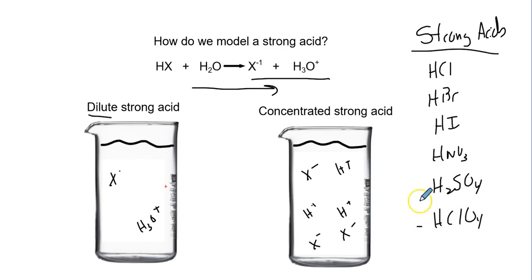You can look the names up if you'd like, but these are hydrochloric, hydrobromic, hydroiodic, nitric acid, sulfuric acid, and this one is perchloric acid, probably one you're not as familiar with.